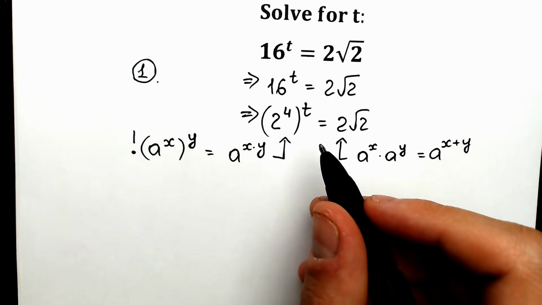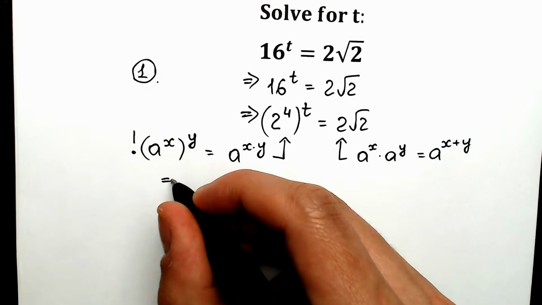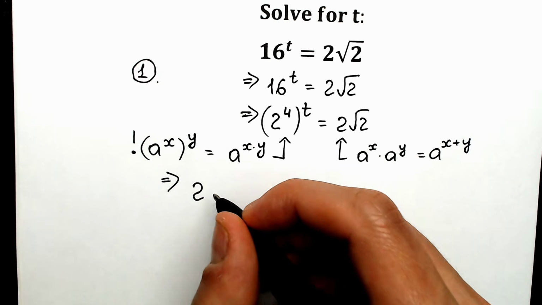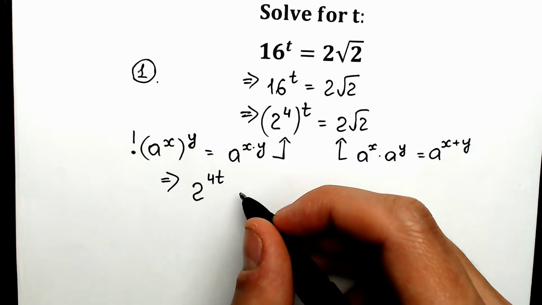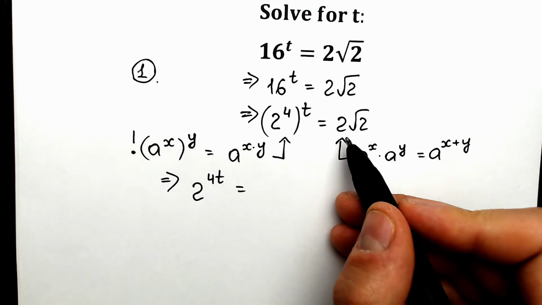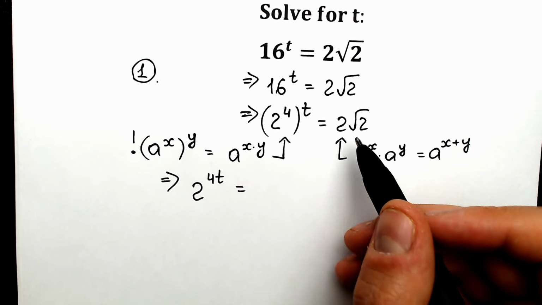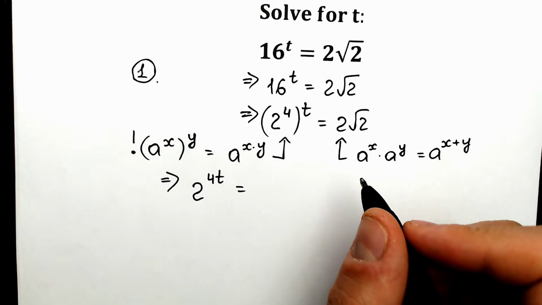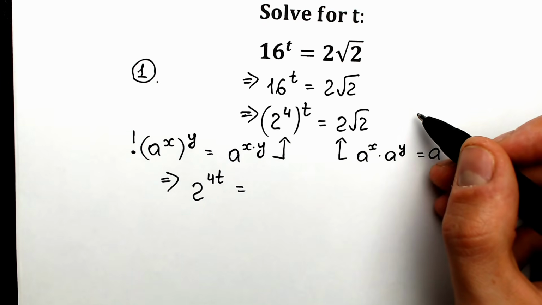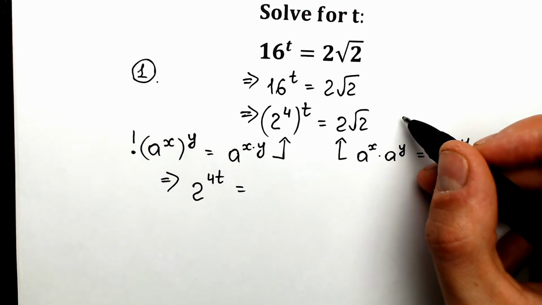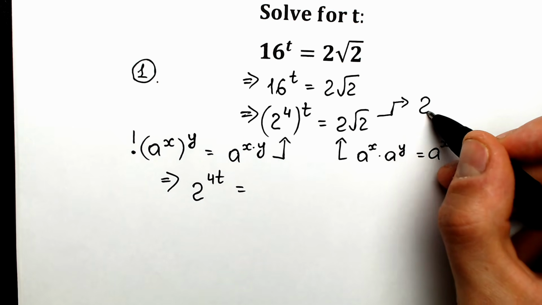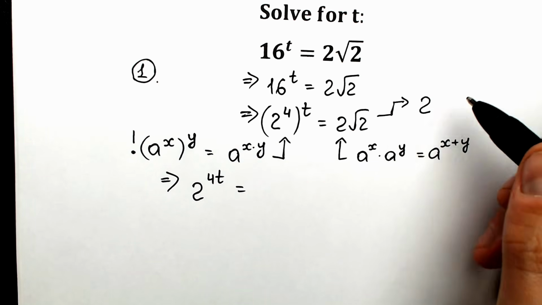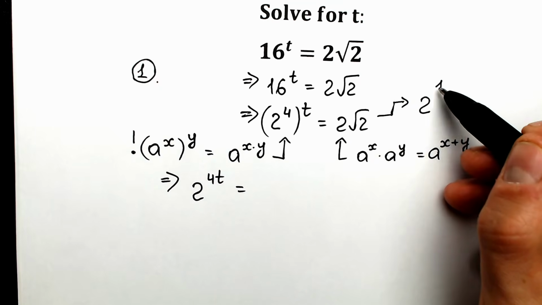First of all, on the left side, we can do this real quick. We can write it as 2 to the power 4t. What about our right side? Right here, we don't have the same base. We have 2 and square root of 2. That's why instead of this square root of 2, let's write it with the base of 2, so 2 to the power 1/2, since a square root is the power 1/2.